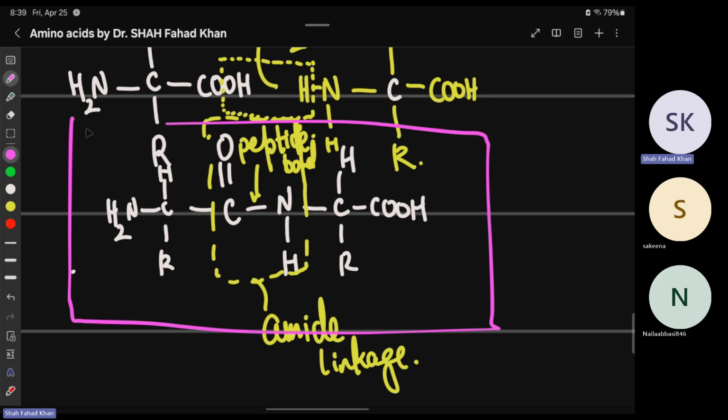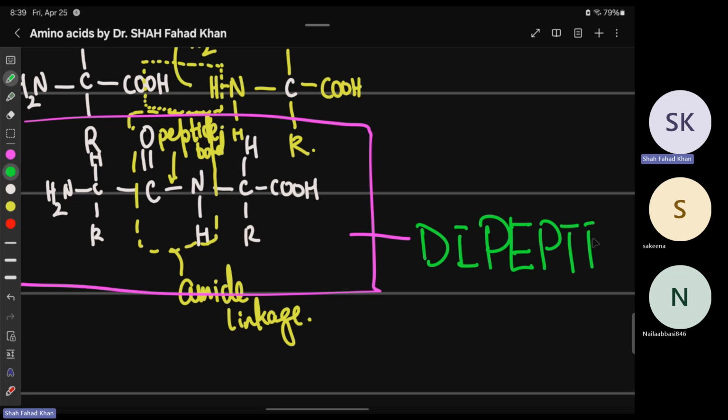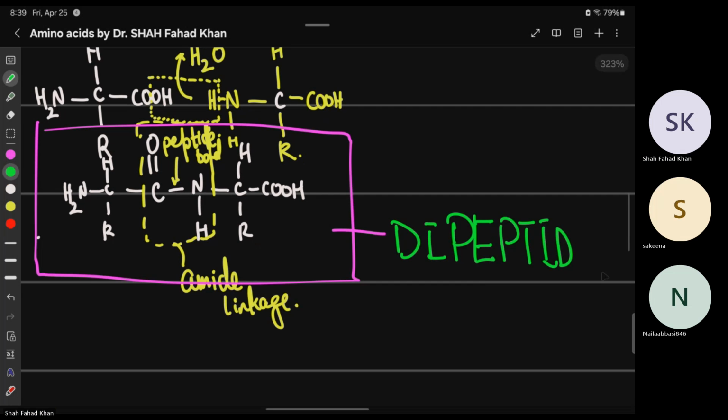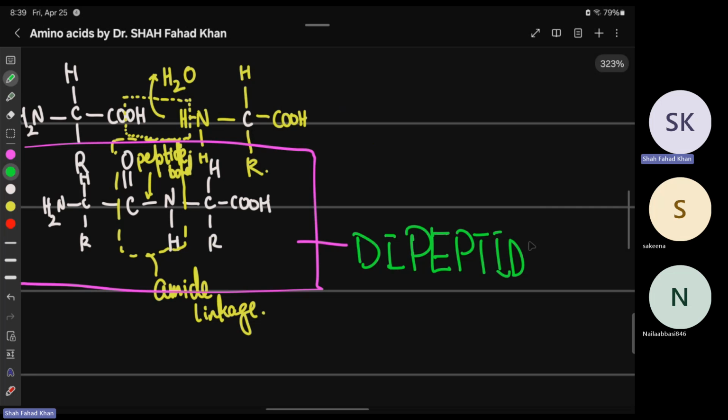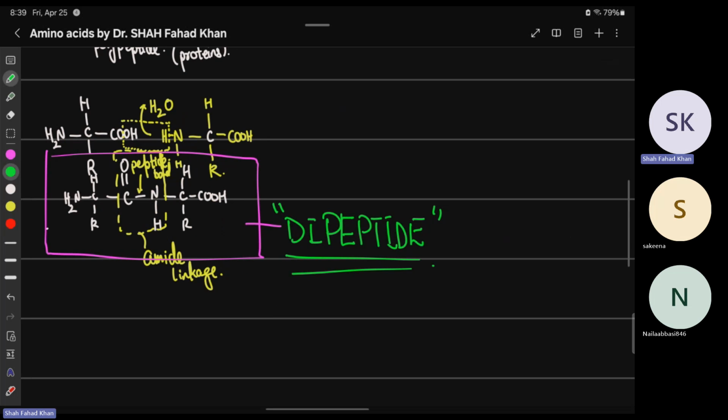It contains 2 amino acids only, and has a special name. Does anyone know what I'll call this? Dipeptide. Okay. The reason why we call it dipeptide is because it's made up of 2 amino acids. Not because it has two peptide bonds. It does not have 2 peptide bonds. It only has a single peptide bond.